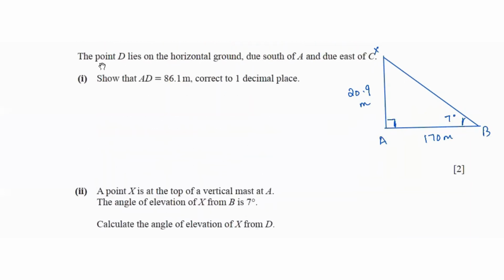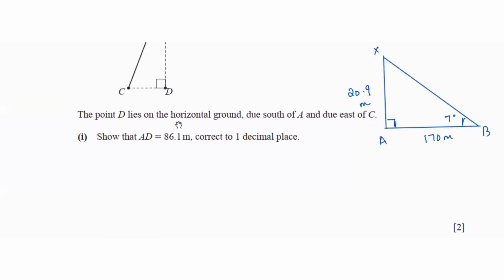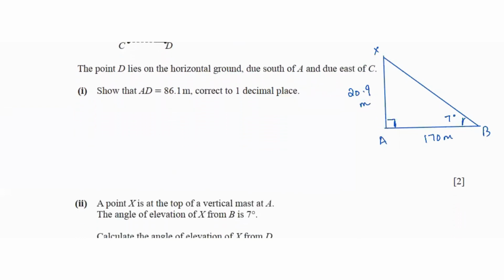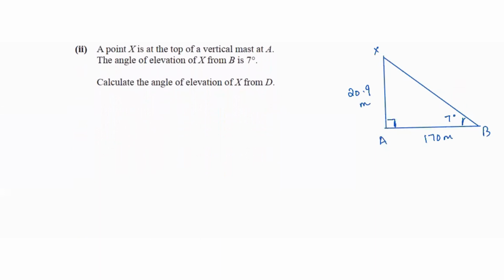If we go to the question, it said that point D lies on the horizontal ground due south of A. So south of A can be over here as well. And if we connect this point over here from X to D, this is another 90 degree angle over here. This is 20.9. And they want us to calculate this angle.